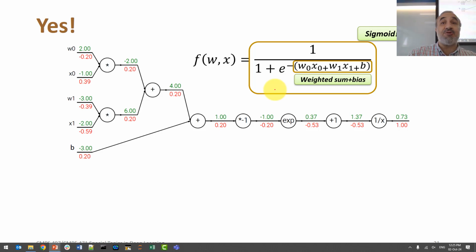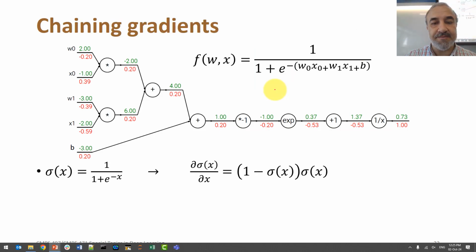This is a very systematic process, given that we can compute the local derivatives, and each gate can do the local derivatives. As you see, the operations here are very simple, so forward, we can compute the values and the local derivatives, and backward, we can compute the derivatives.